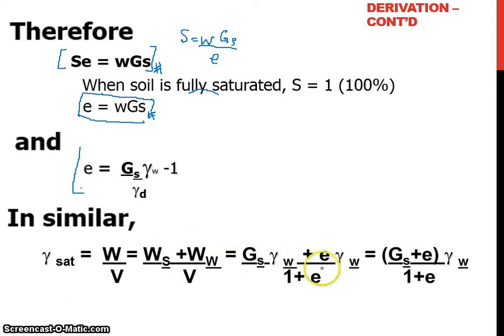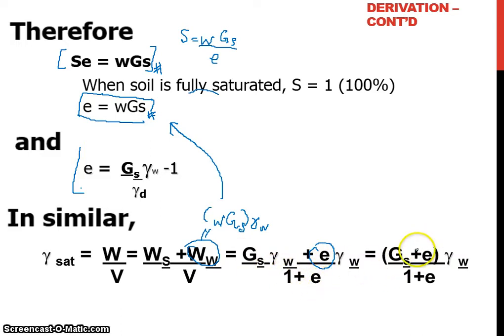We know that w is actually wGs over S, with S equal to 1, so wGs here is similar to e. So gamma saturated is Gs gamma w plus e gamma w divided by 1 plus e.